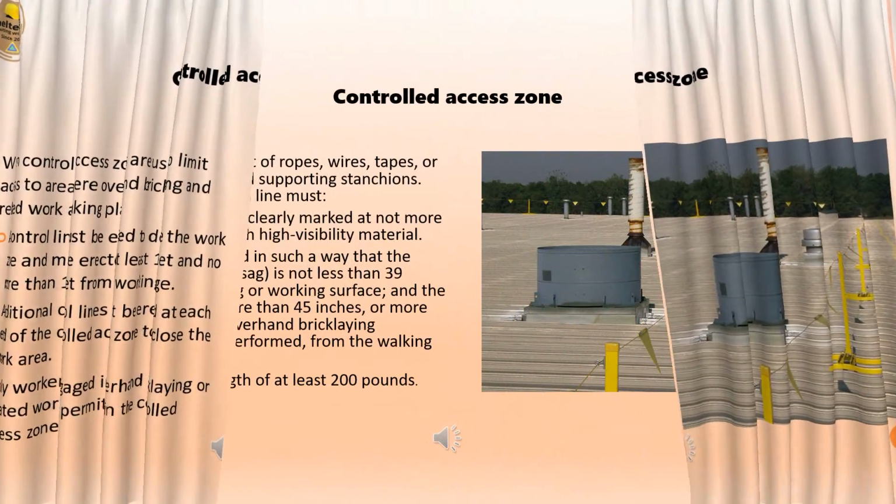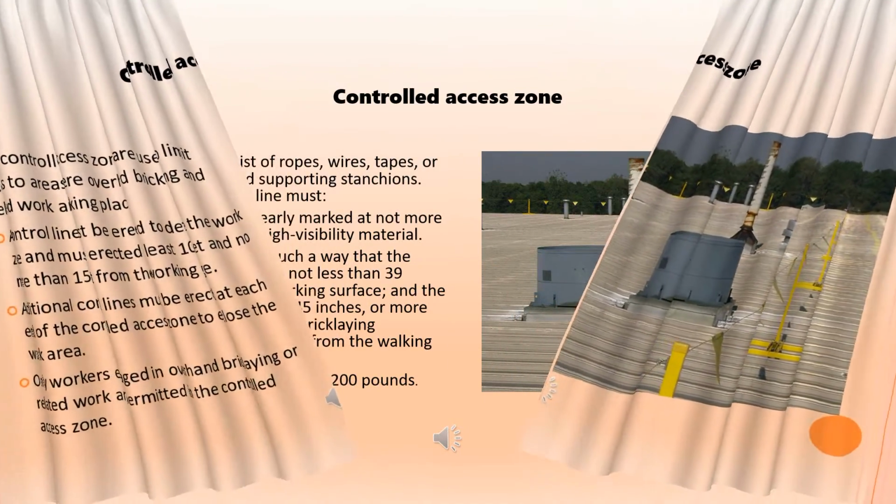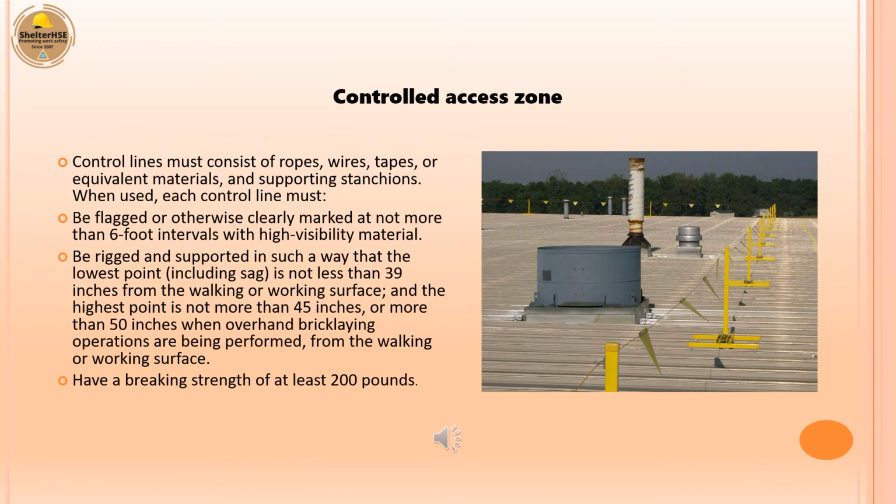Control lines must consist of ropes, wires, tapes, or equivalent materials, and supporting stanchions. When used, each control line must be flagged or otherwise clearly marked at not more than 6-foot intervals with high visibility material.